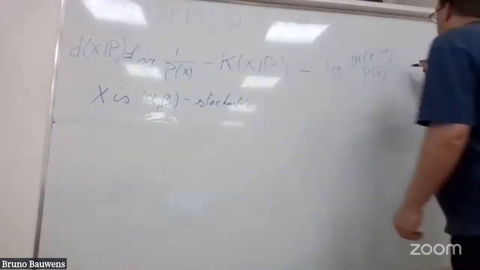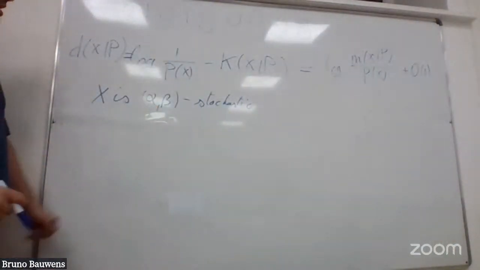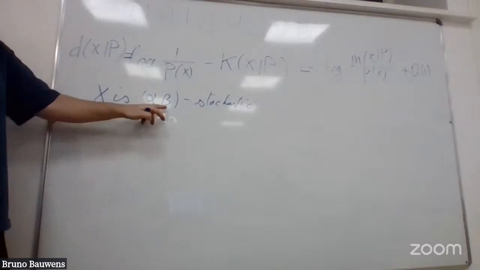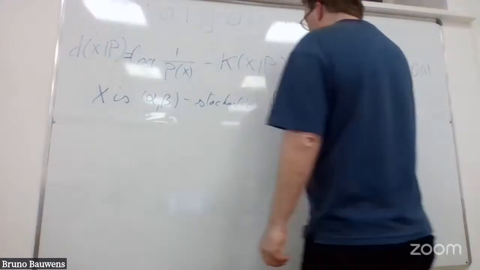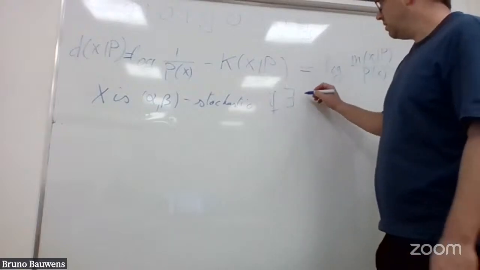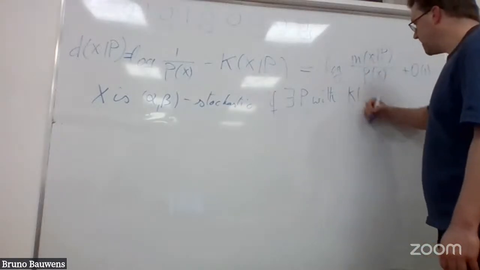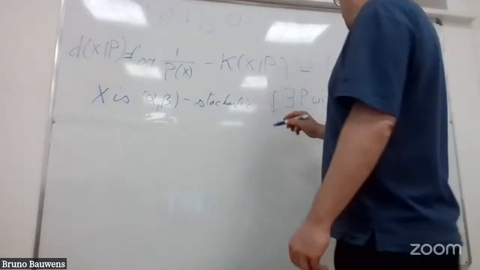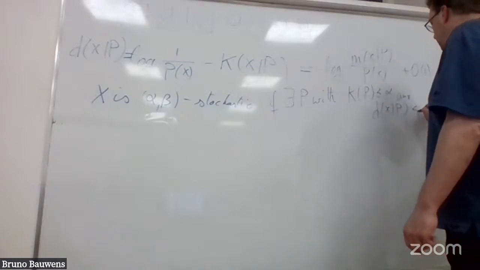So x is alpha-beta stochastic if there exists a measure P of complexity at most alpha, for which the deficiency is at most beta. That is, there exists P with the complexity of P bounded by alpha and the deficiency of x given P smaller than beta.